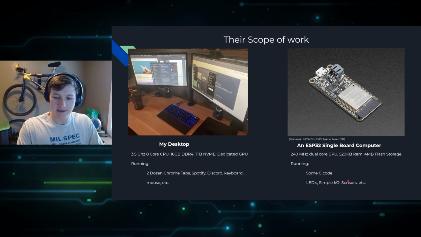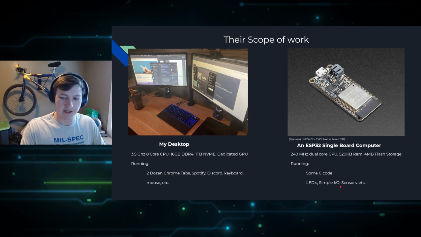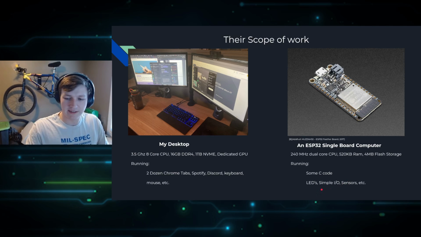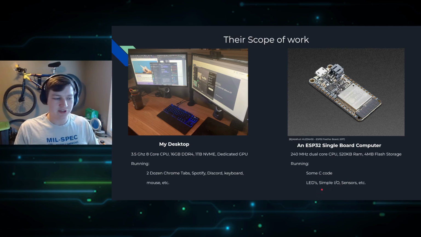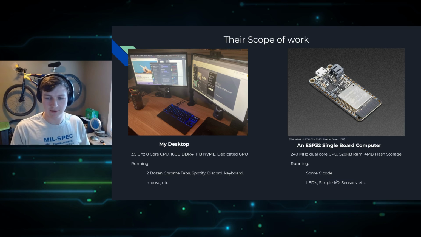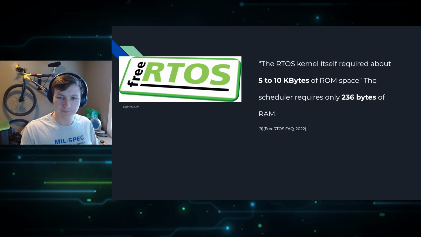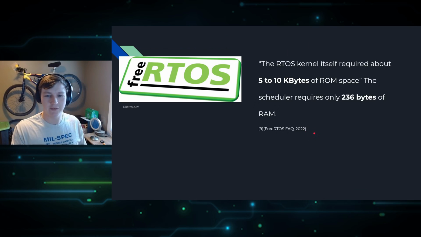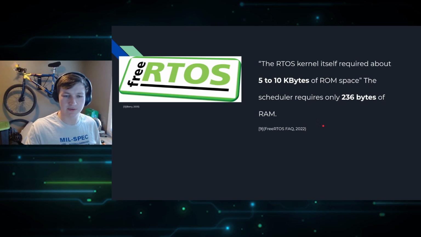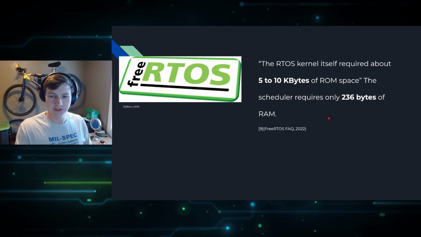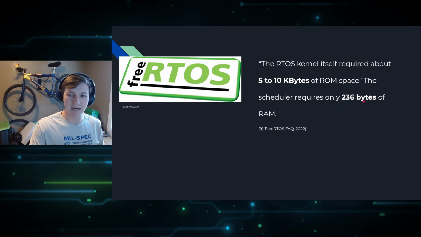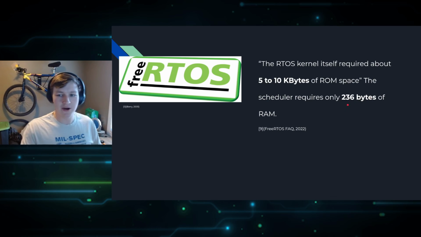You're often taking an input from sensors, doing simple I/O operations, running LEDs. We're not going to get into exactly all the kind of things you can do with a microcontroller, but this is where FreeRTOS shines. Now it says here, the RTOS kernel itself only requires 5 to 10 kilobytes of ROM space, which is storage. And the scheduler only requires 236 bytes of RAM. Very tiny.